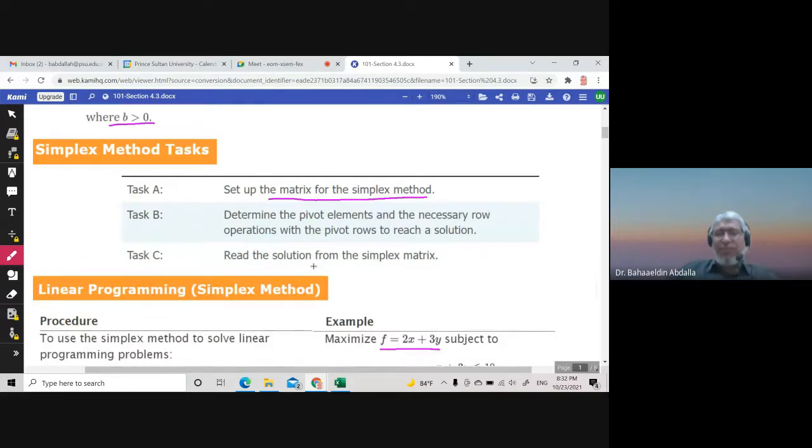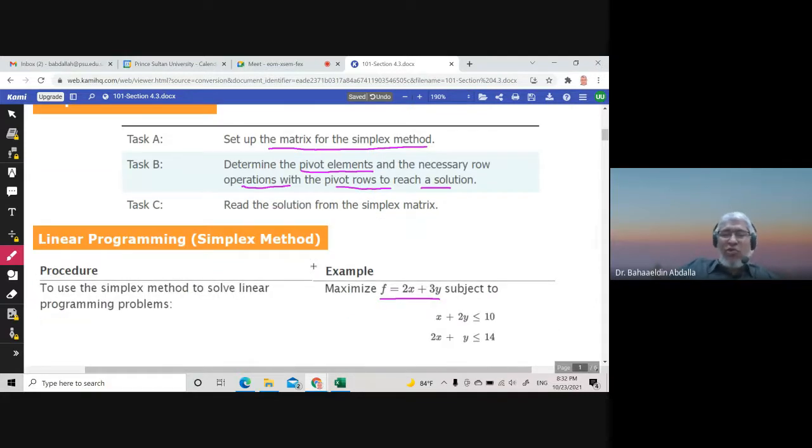Task B is to determine the pivot elements and the necessary row operations with the pivot rows to reach a solution. So in task B, we do pivoting operations to reach a solution. Well, how to do that?